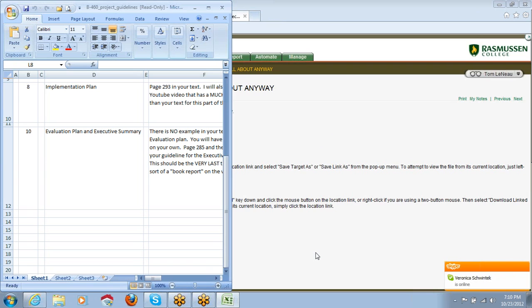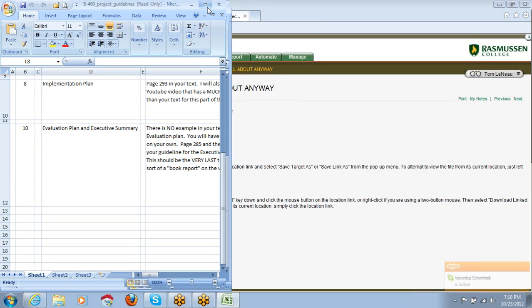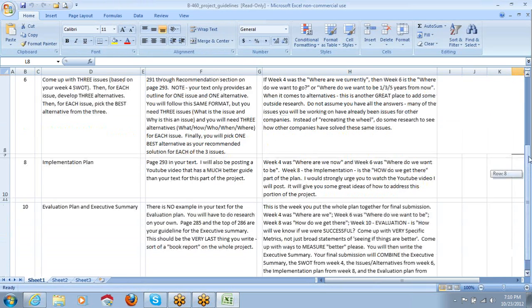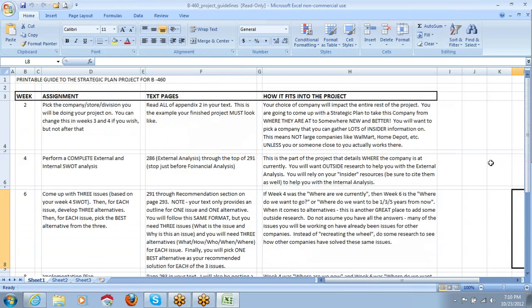Obviously, I'm one of those people that has no patience, so I just click on it, and it's a giant Excel spreadsheet. What I've tried to do in this is give people an overview by week of what comes up in the project. So week 2's already come and gone.